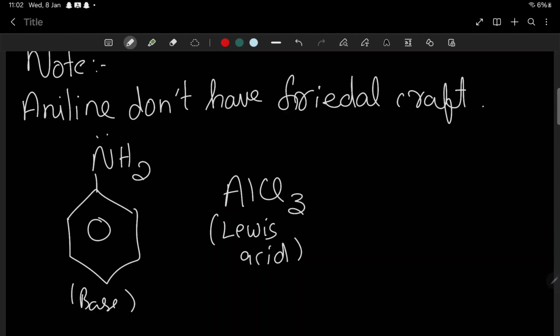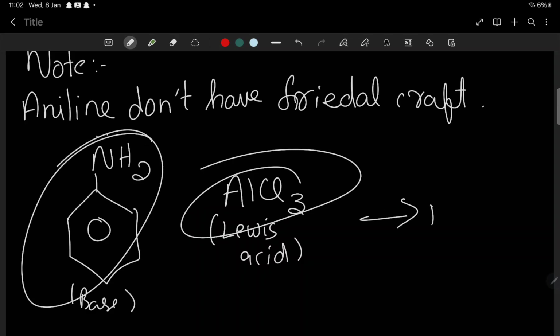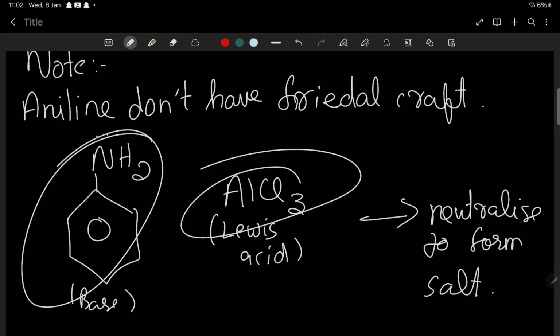Instead of acylation or alkylation happening, this Lewis acid and Lewis base neutralize to form a salt. So the catalyst attacks the reactant and forms a salt. Therefore, Friedel-Crafts reaction doesn't happen in aniline.